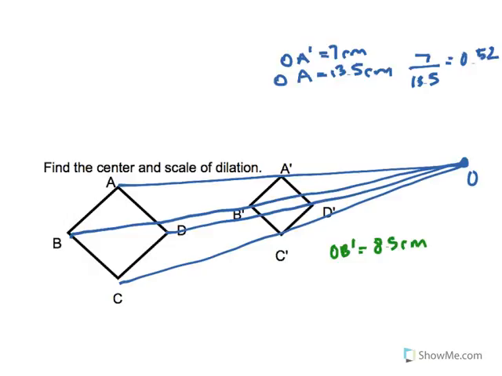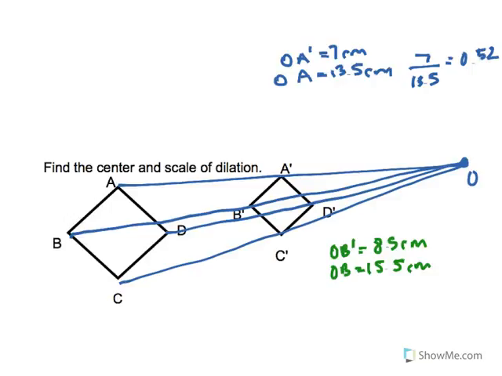Now we measure the distance from the center to B original, and we get 15.5. And we divide those.